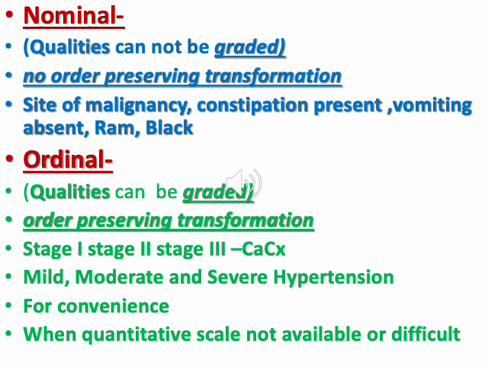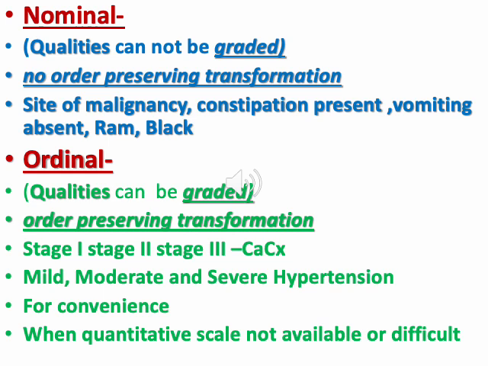There is no order preserving information, so we cannot know what the order is, like color of iris. It can be black, it can be brown, it can be blue. Presence or absence of constipation. Ram, Rahim, Ghanshyam, Robert. So these are merely names. Site of malignancy: lung, stomach. So these are sites of malignancies. Vomiting present or absent. So we cannot assign these variables into a grade.